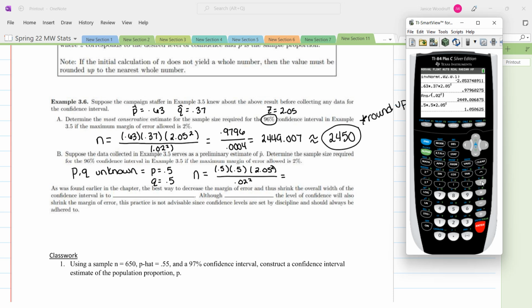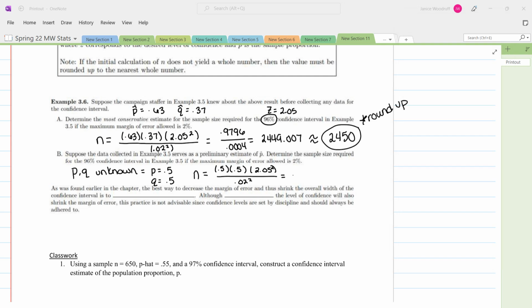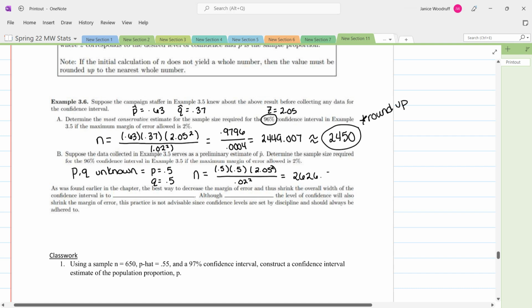And then we would divide that by 0.02 squared. There we go. 2626.56. We got to round that up. So I need at least 2,627 people if I don't know what they're going to say.